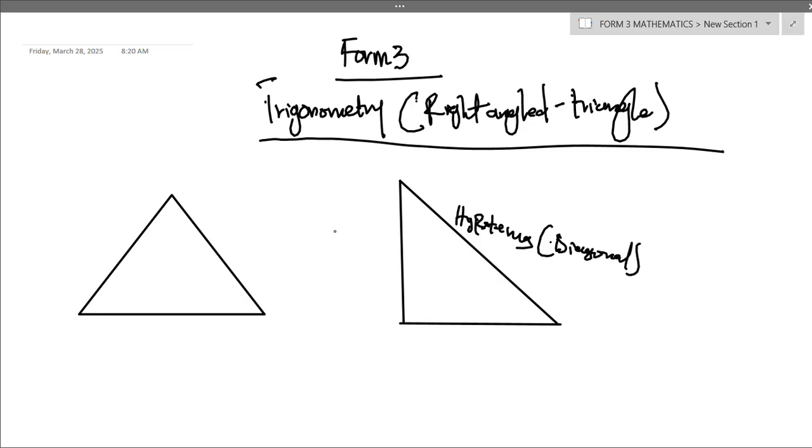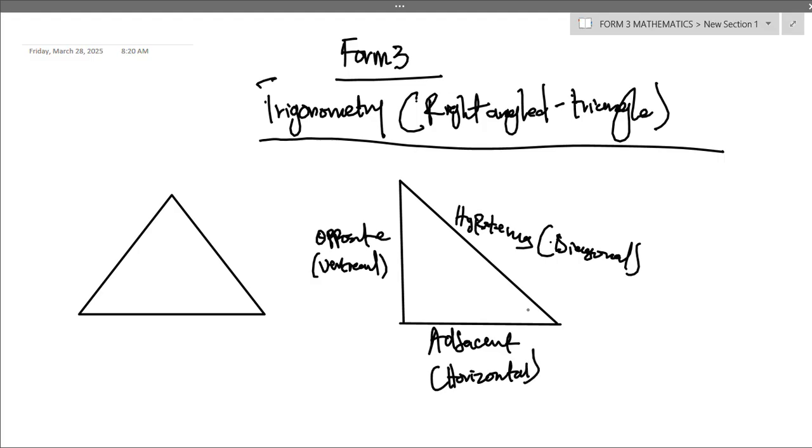Then we have the opposite, which is mostly vertical. Then we have the adjacent, which is mostly horizontal. So this is basically the structure of a right angle triangle.